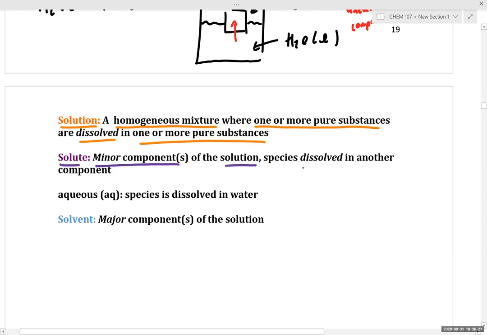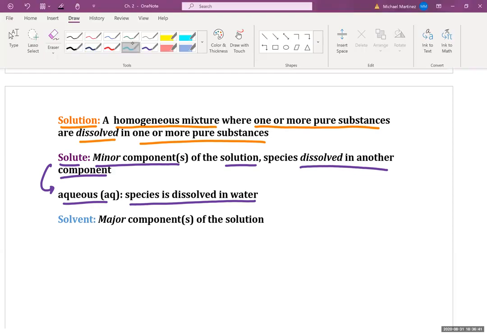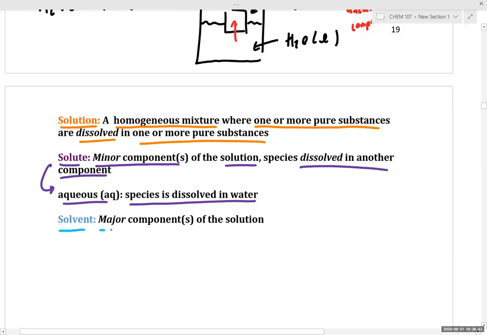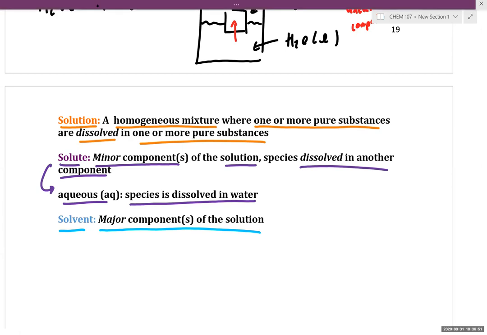It's the species dissolved in another component. We denote the solute with an aqueous symbol, AQ, indicating the species is dissolved in water. The solvent is the major component of the solution. I like to think of it as the species that is doing the dissolving.